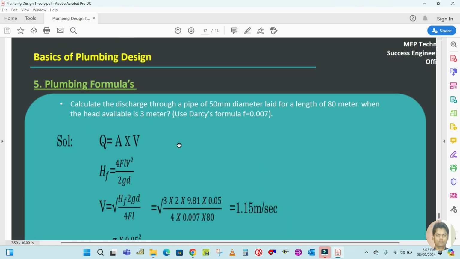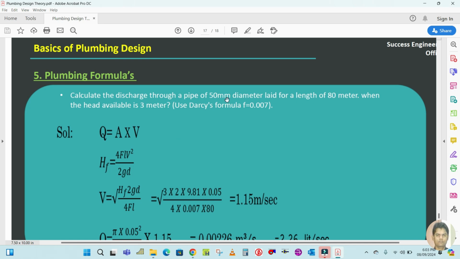Okay, the next question is: calculate the discharge through a pipe of 50 mm diameter laid for a length of 80 meters, when the head available is 3 meters, using the Darcy formula.